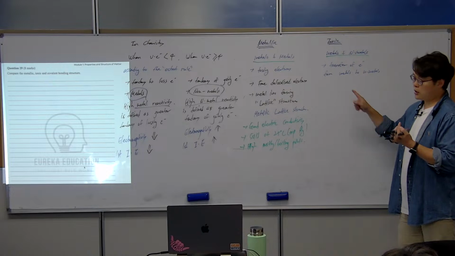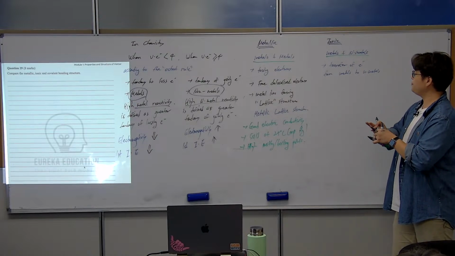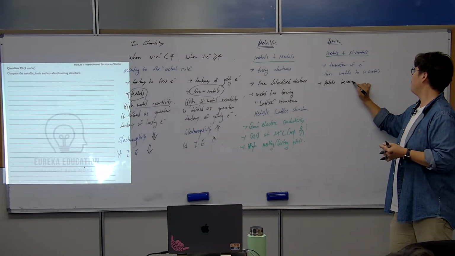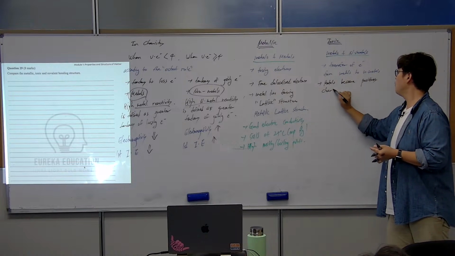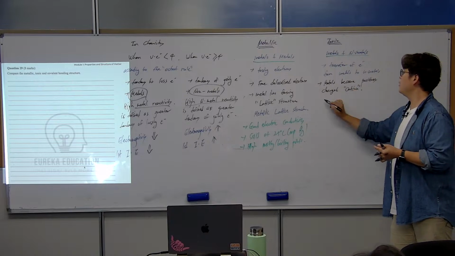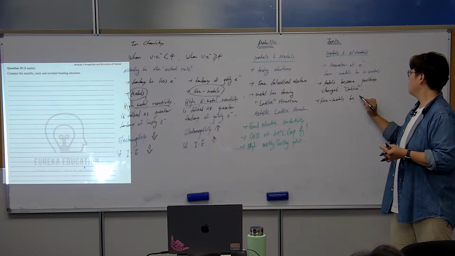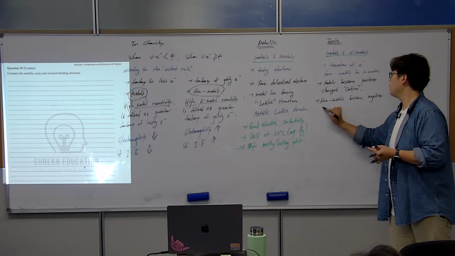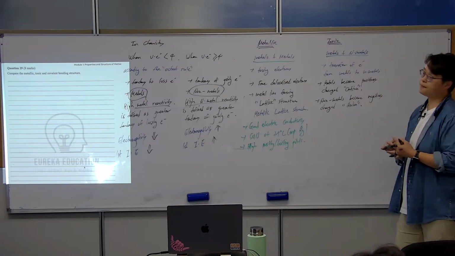So what do they do? Metals become positively charged: cation. Non-metals become negatively charged: anion.